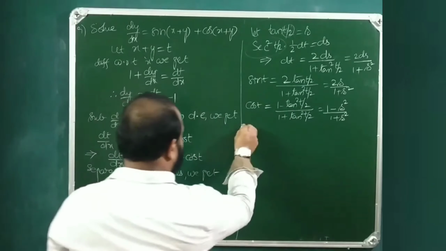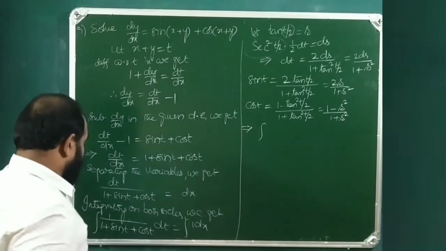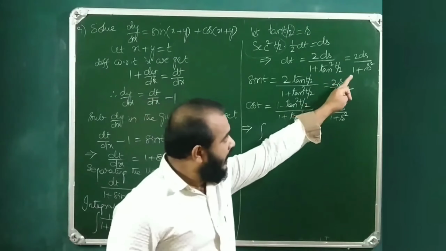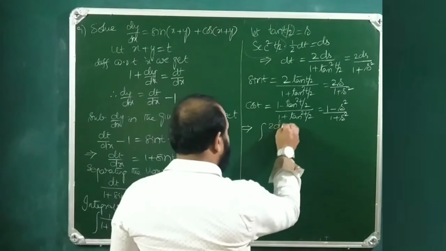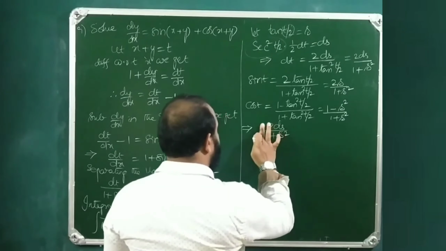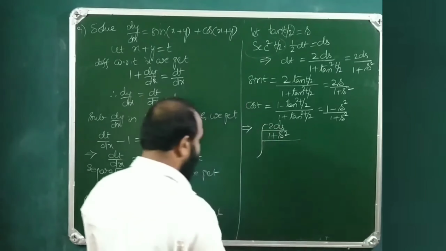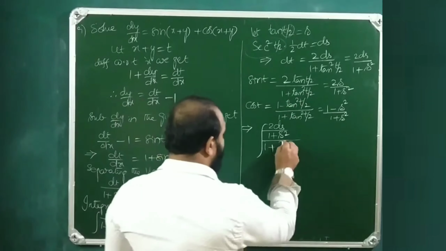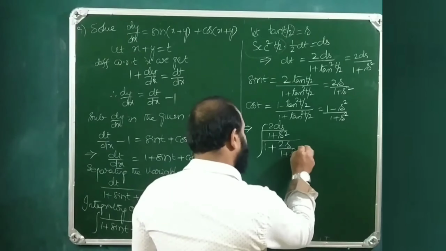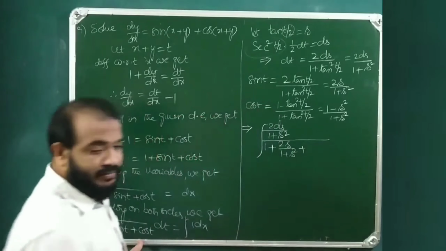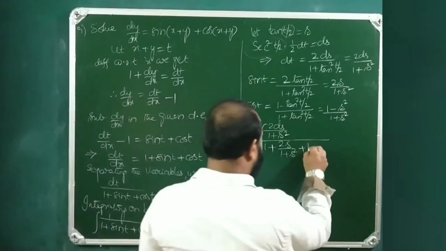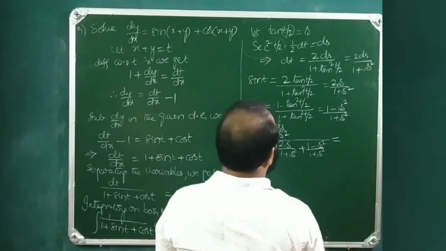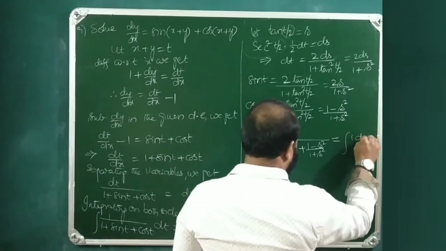So now this implies, in the place of dt, I will take 2 ds by 1 plus s square, and 1 plus sin t can be replaced as 2s by 1 plus s square, plus cos t can be replaced as 1 minus s square by 1 plus s square, is equal to integral 1 dx.